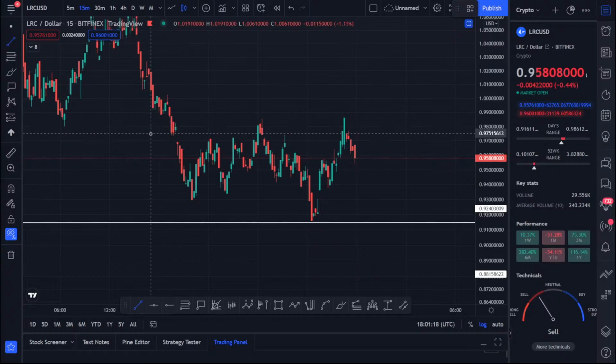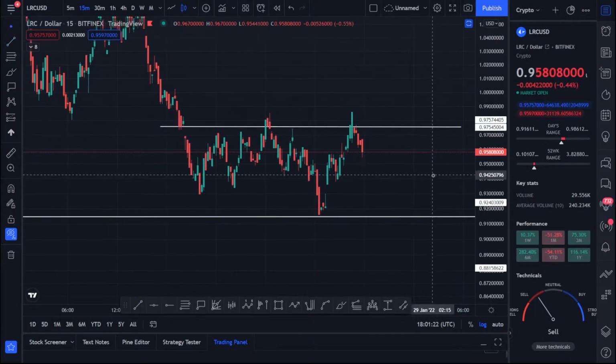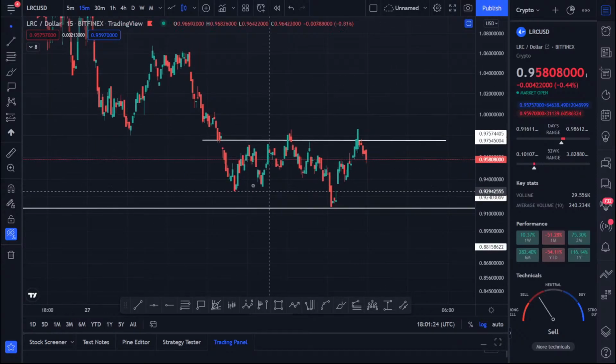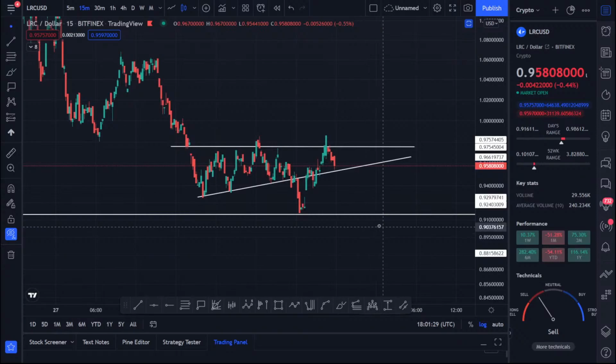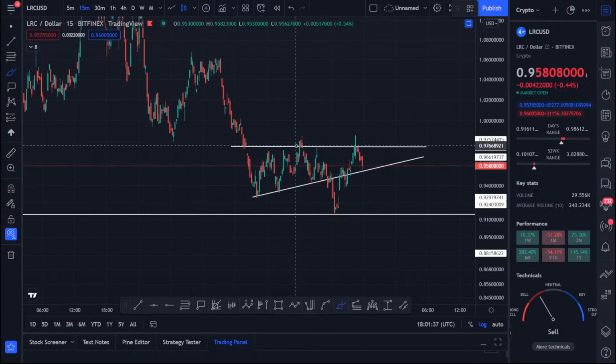if you look at this right over here, you can see that, make this as your support. It is trying to make this bullish inverse head and shoulder pattern, where the coin is doing this. It's coming down.